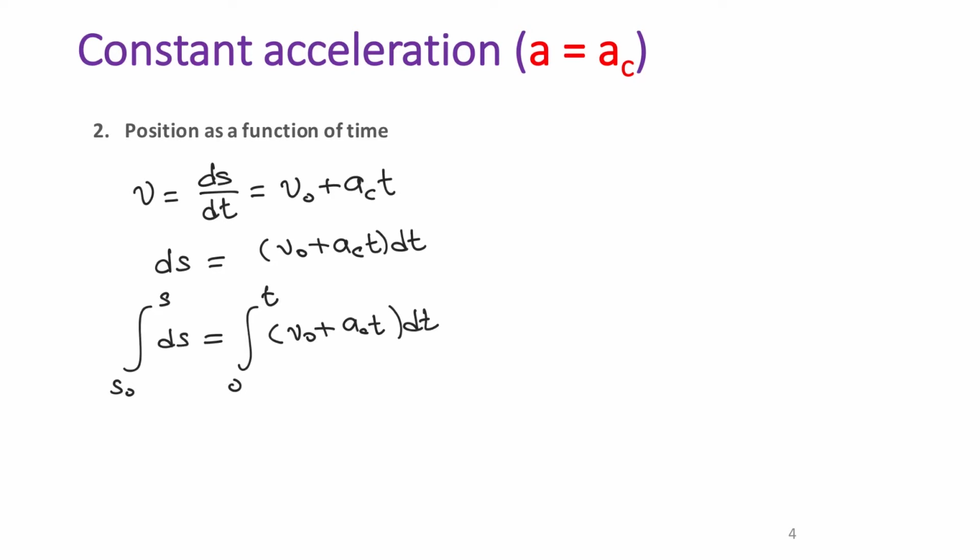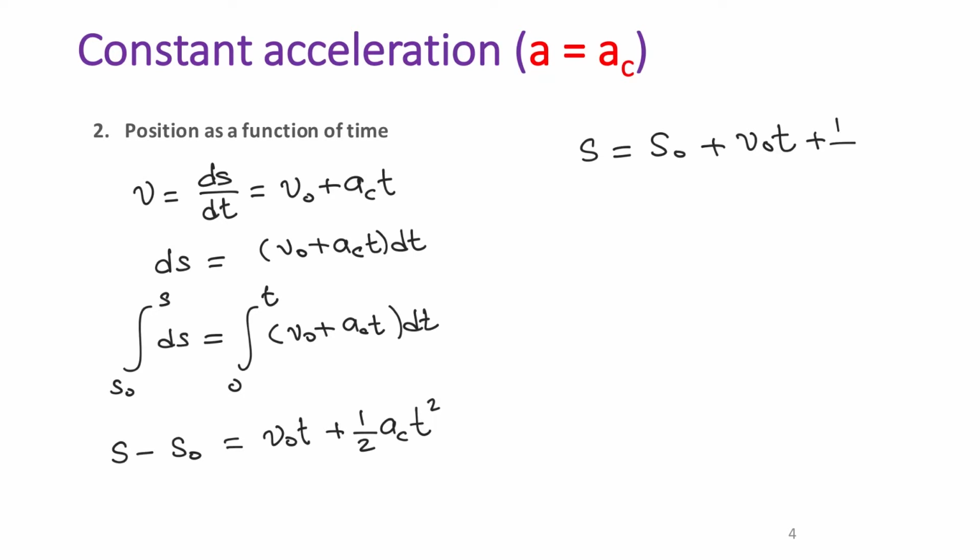Now, from the left-hand side, we are going to get s minus s0. From the right-hand side, we are going to get v0 multiplied by t, plus, since this one has a t, it's going to have 1 over 2 a_c multiplied by t squared, which we commonly know from physics: s equals s0 plus v0 t plus half a_c multiplied by t squared.